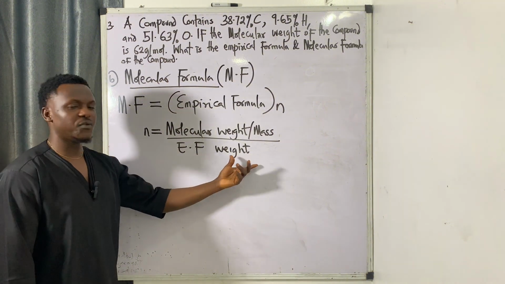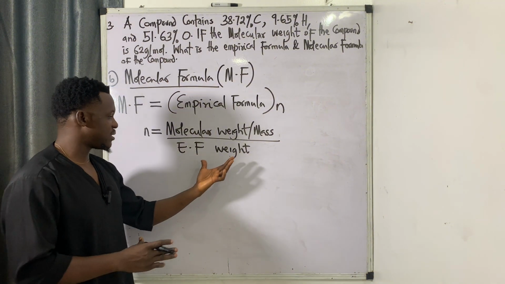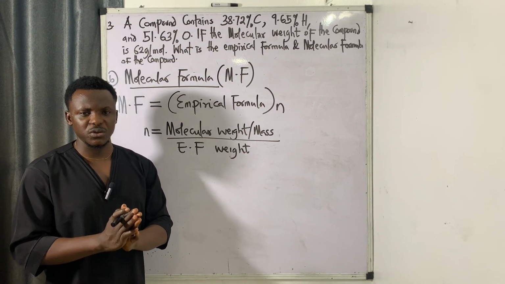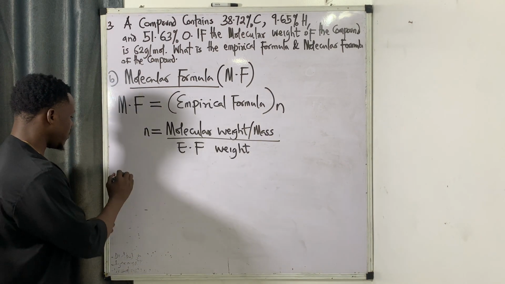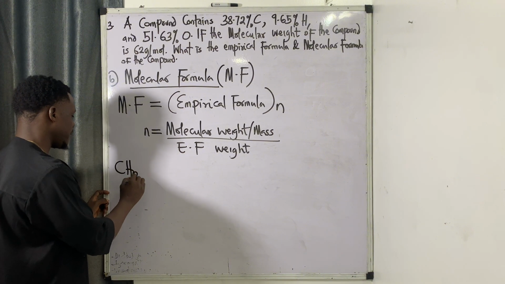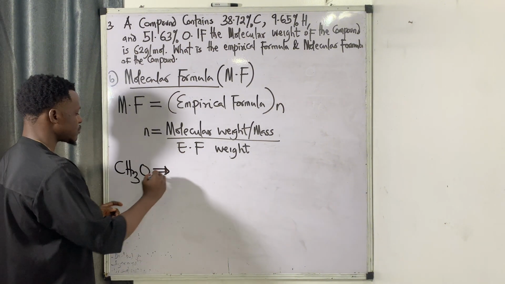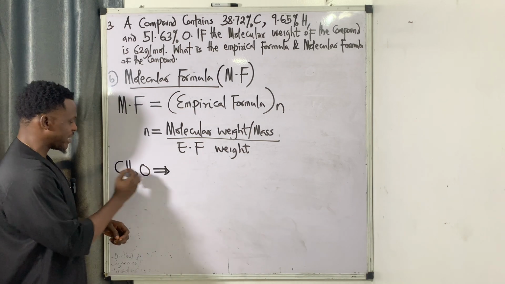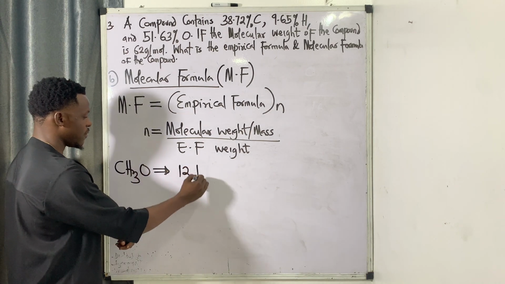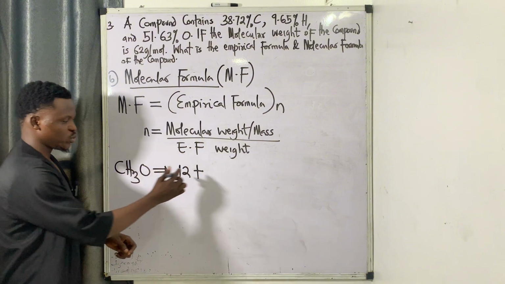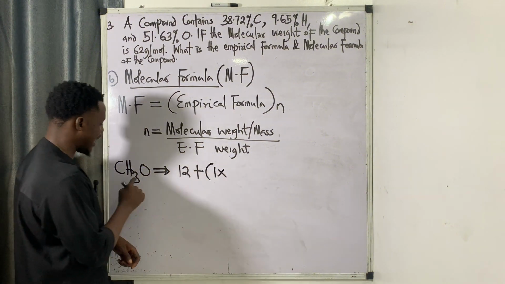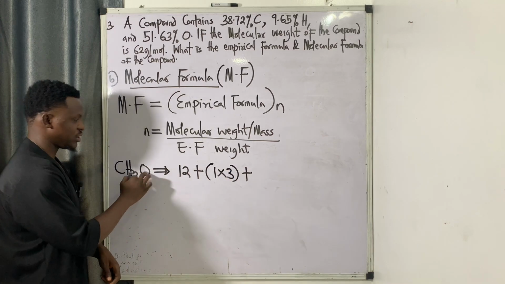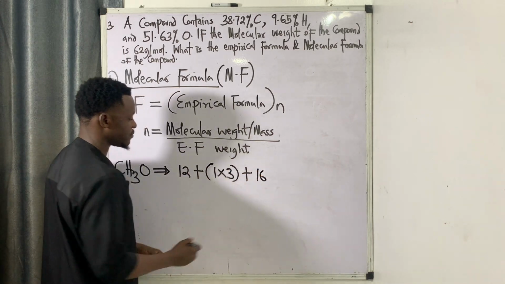How do we solve for empirical formula weight? They did not give us this in the question, but based on our empirical formula calculation, we have it. So empirical formula was CH3O. Now, what is the mass of this? The molar mass of carbon is 12, plus hydrogen is 1, but hydrogen is appearing 3 times, so 1 times 3, plus oxygen is appearing once.